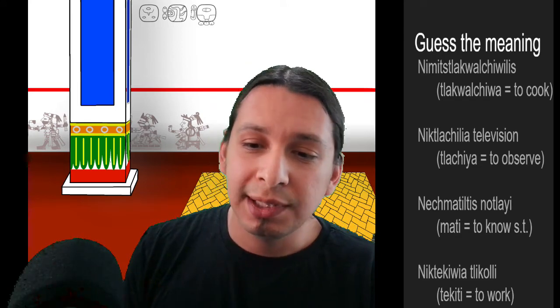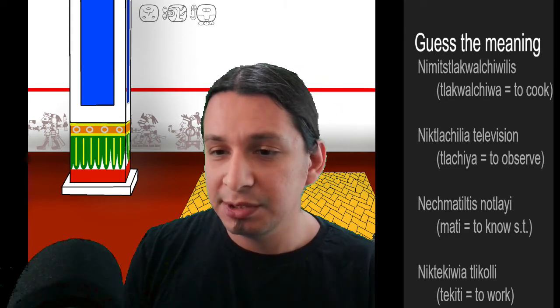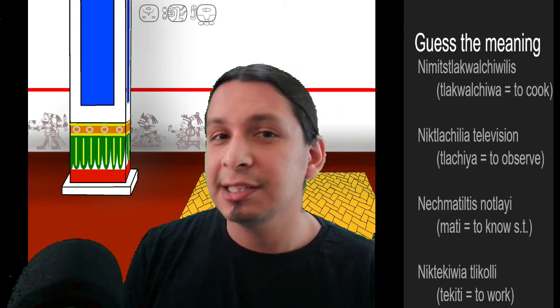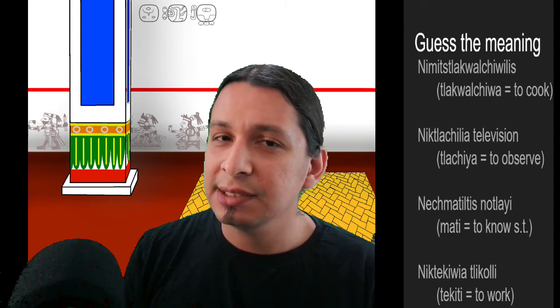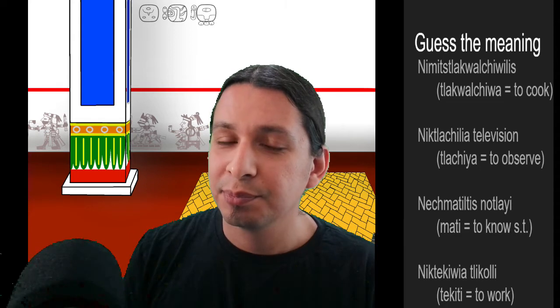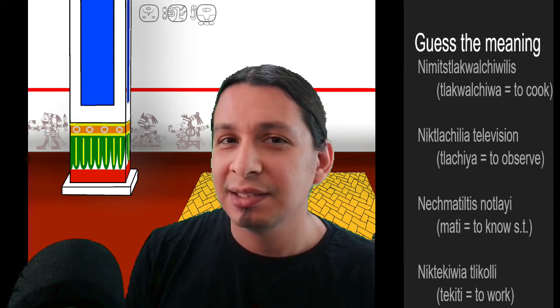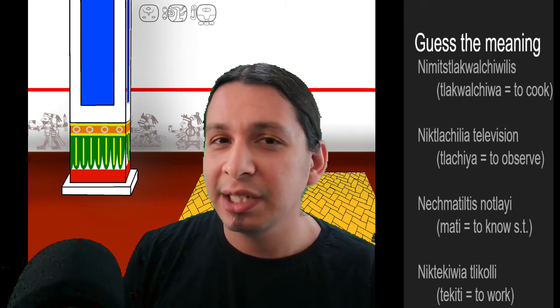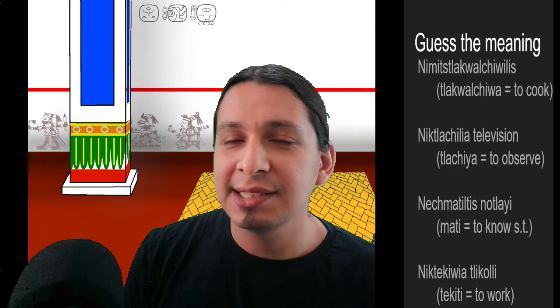Niktekiwia tlikoli. This is from the word tekiti, which means to work. Tlikoli is a pen. So niktekiwia tlikoli means... It might take you a second to think about how you could say I'm working the pen. Kind of doesn't make sense. But it kind of does if you think about more synonyms.